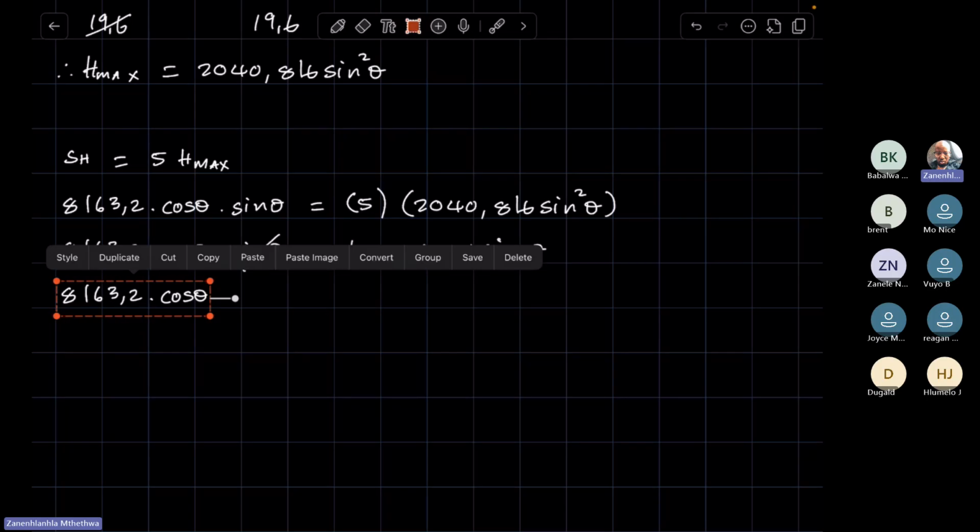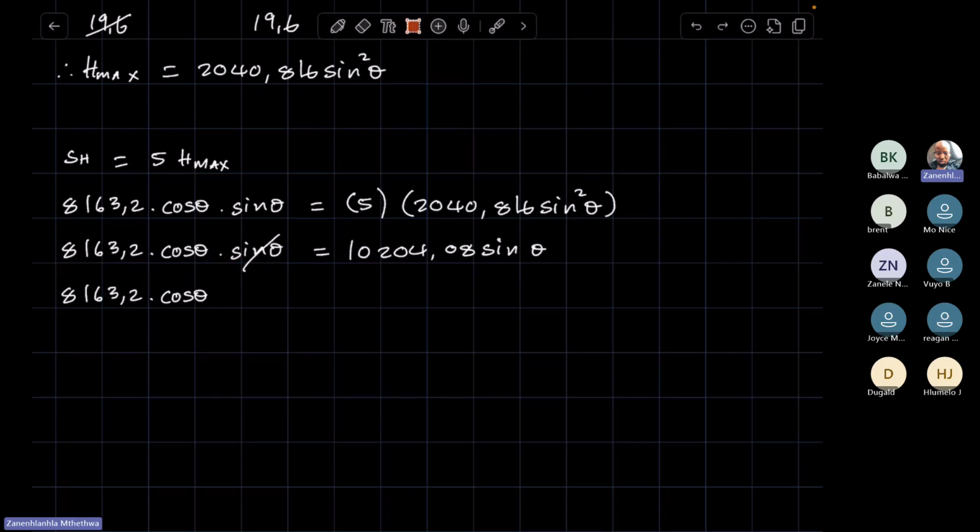in fact, because it might not make sense to some of you, let me do this. Let's take this step by step. So if you divide both sides by, let's say, sine theta.